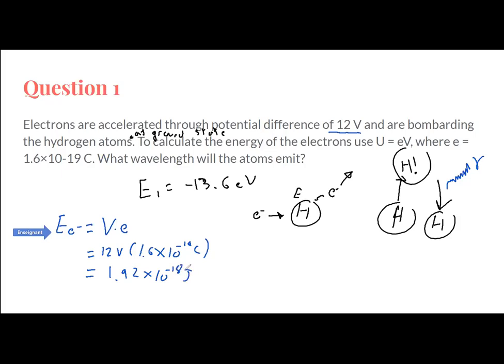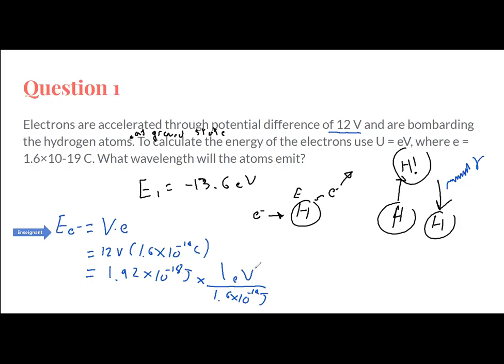So this may not seem like a lot of energy, but remember that the hydrogen atom at the ground state only has negative 13 electron volts of energy. So let's see how much energy the electron has in electron volts. So what was it? 1.6 times 10 to the negative 19 joules is 1 electron volt.